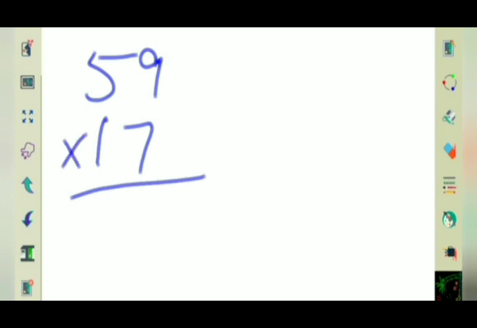I am taking one more example of 2-digit numbers, multiplying 59 by 17. Now let's see, the formula was vertically and crosswise. First we will multiply these two numbers which are vertical. So 9 7s are 63.